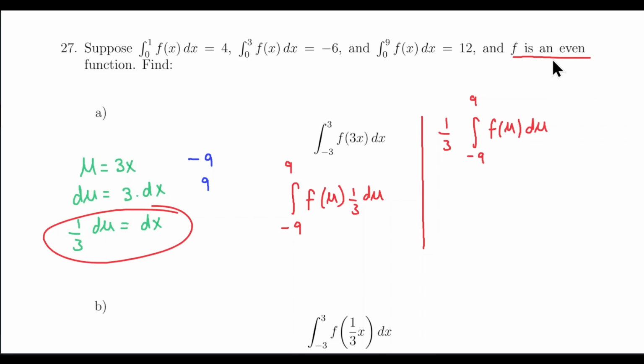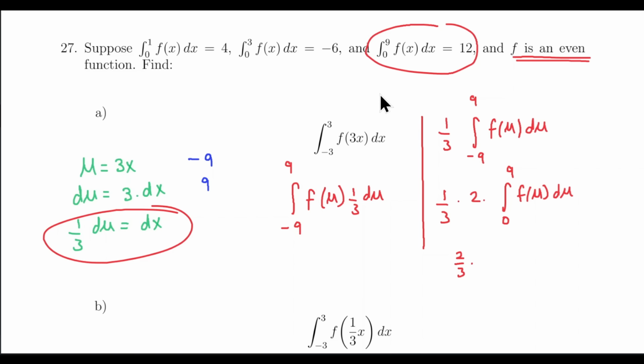And remember, f is an even function. So for an even function, the idea is negative a to a integration of an even function is 2 times integration from 0 to a. And in this case, of course, our a is 9, of f(u) du. So this will be 2 over 3, and 0 to 9, bingo, we do have that.